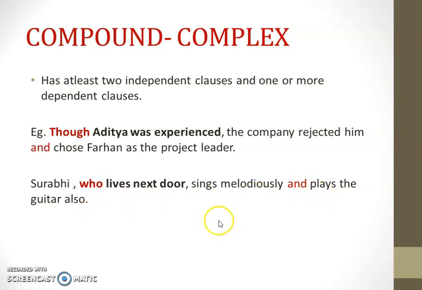These two independent clauses are connected using the coordinating conjunction "and". You should note that Surabhi is the common subject for both these independent clauses and "who" is the subject for this subordinate clause. So this is how you structure a compound complex sentence.